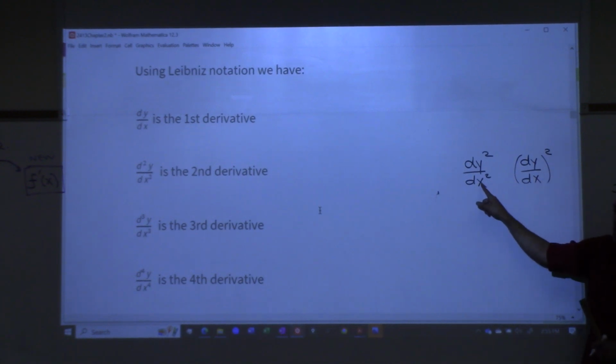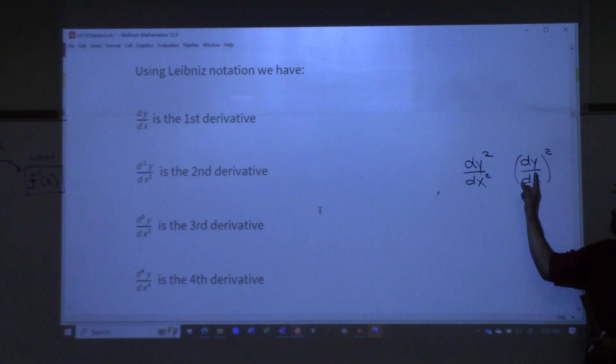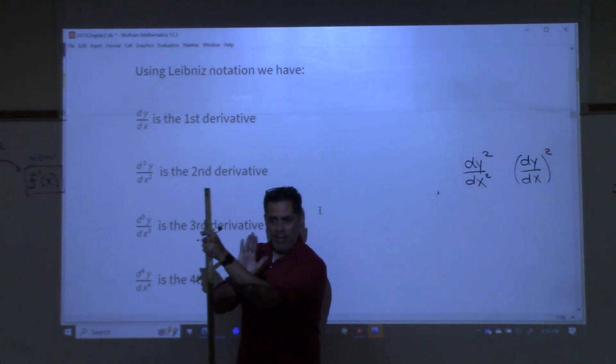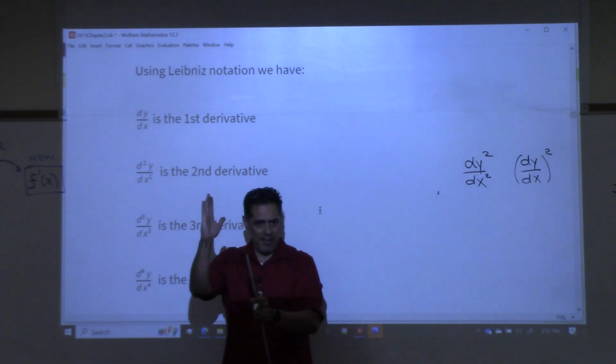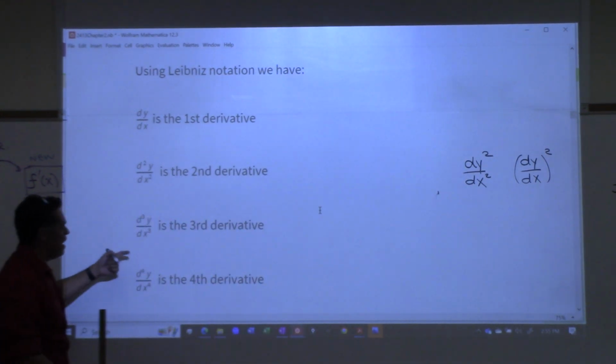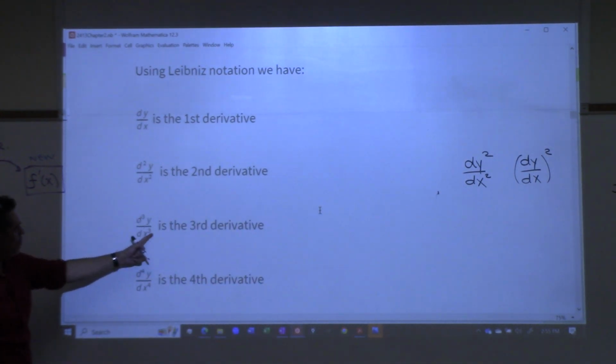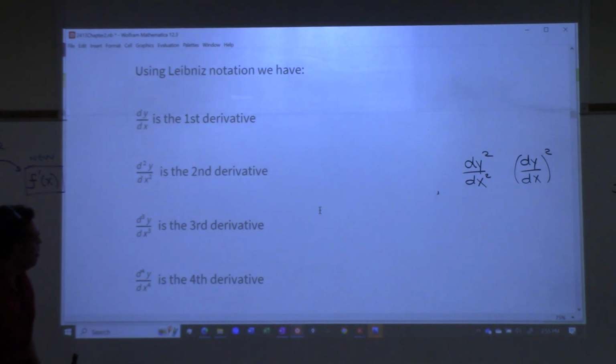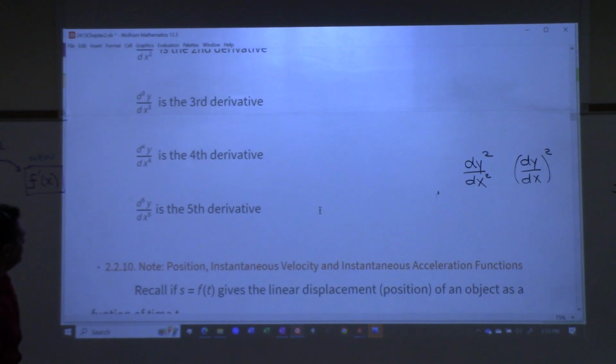Or here you could maybe argue the same thing as this, right? So he said, you know what? The way I'm going to let people know that I'm talking about taking the derivative twice is I'm going to offset the 2's. And that way there's no confusion about something getting squared. And then, of course, the rest just follow the same way. The 3 here, 3 over here. Third derivative, fourth derivative, fifth derivative, sixth, seventh, eighth, ninth, and so on and so forth. Okay?